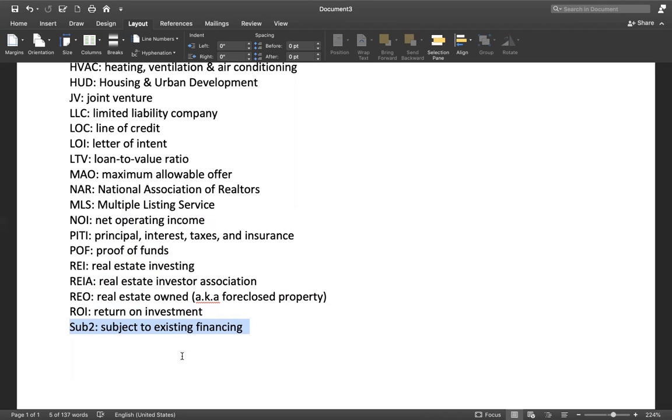And then it's a great way to buy rehab projects, so you don't have to fund the whole amount. So you could take over their existing loan. And then after you fix it up and sell it, you could pay them back their loan in a few months, and you collect the profit, anything over that. So Sub 2 just stands for taking over someone's existing mortgage payments on a property.